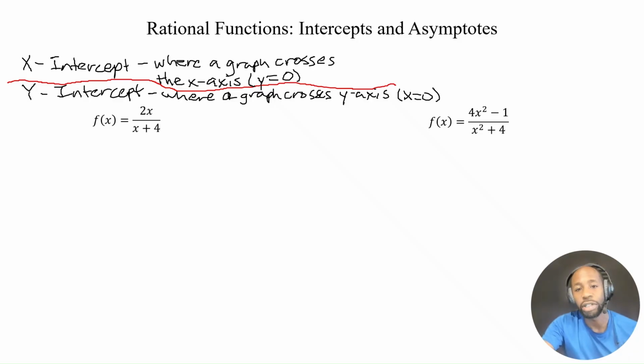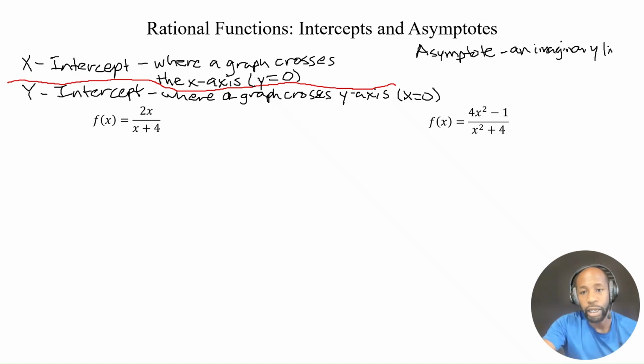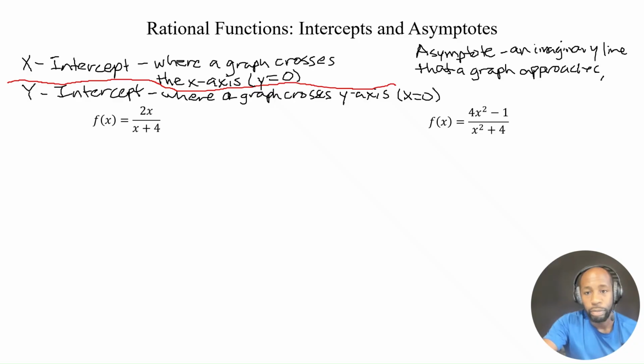Now, what is an asymptote? An asymptote is basically an imaginary line that a graph approaches, but never touches.